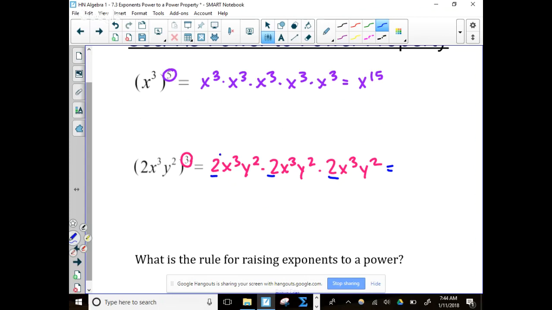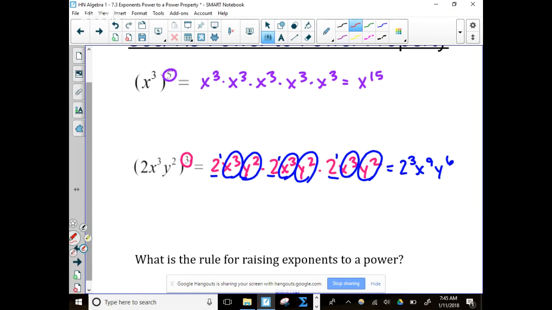Which they are, in fact, the same base. So you could actually go ahead and do 2 to the third power. The x's are going to combine together. They have the same base, so we're going to add the exponents. So 3 plus 3 plus 3, x to the 9th, and then we have y to the second, y to the second, y to the second, so that would be y to the 6th power.